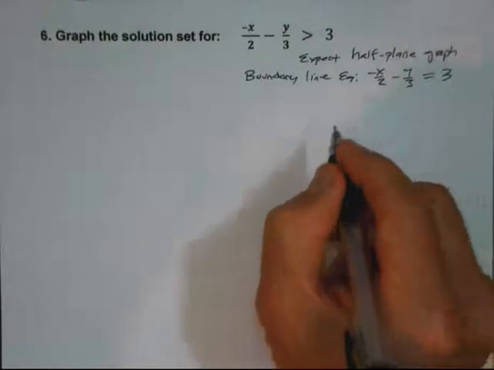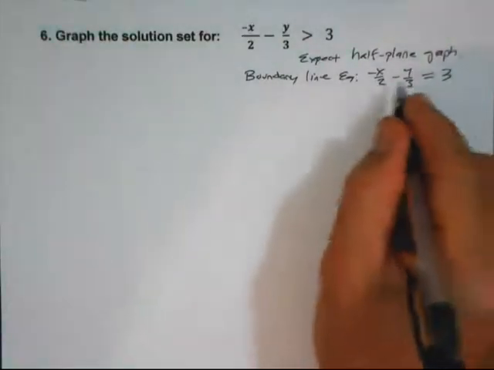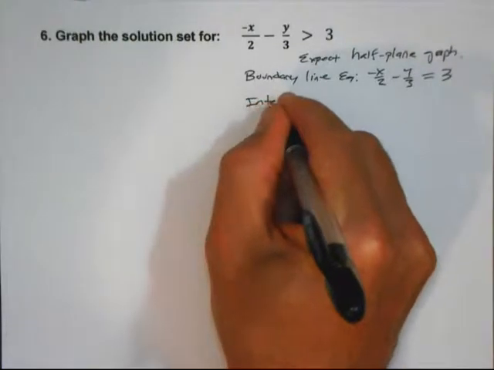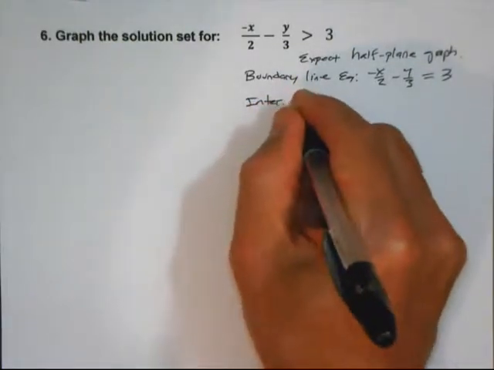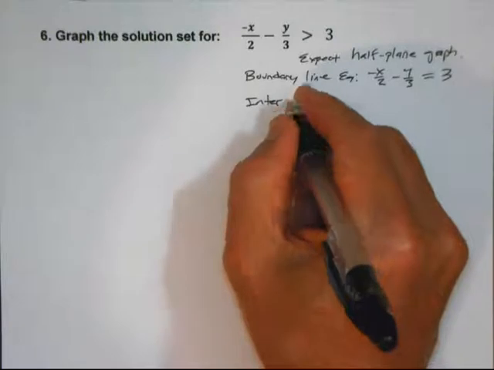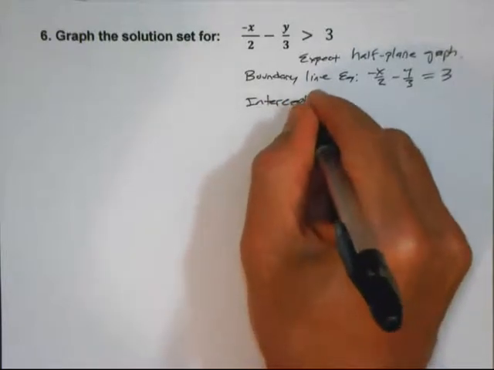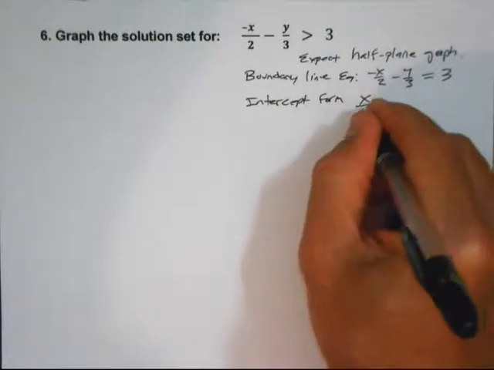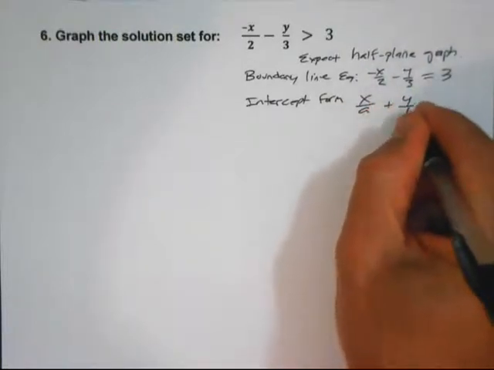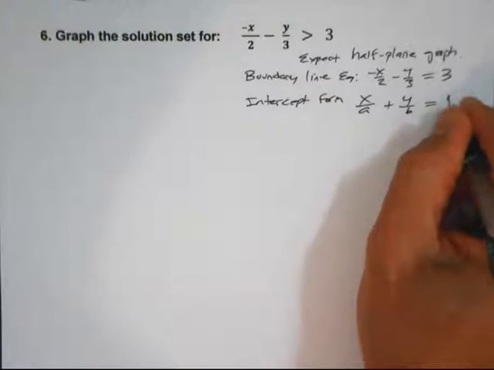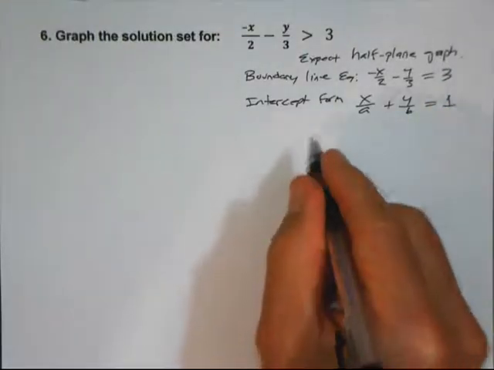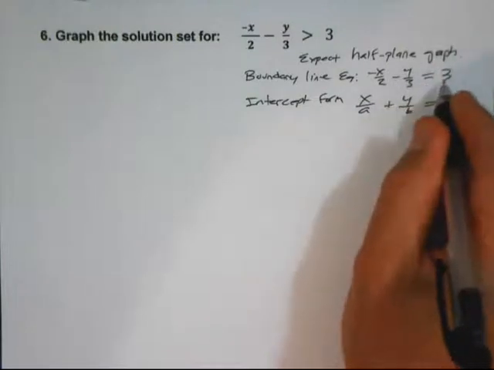Now, what you could do is you may notice this is awfully close to being an intercept form. Another one of the famous forms of equations, although not as famous as some of the others. Intercept form looks like x over a plus y over b equals 1. You have to have 1 on this side. Now, this isn't in intercept form, but it's quite close.